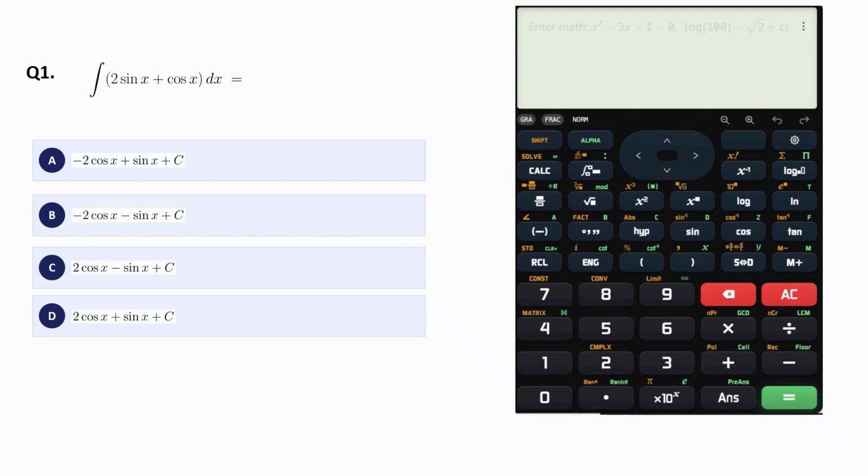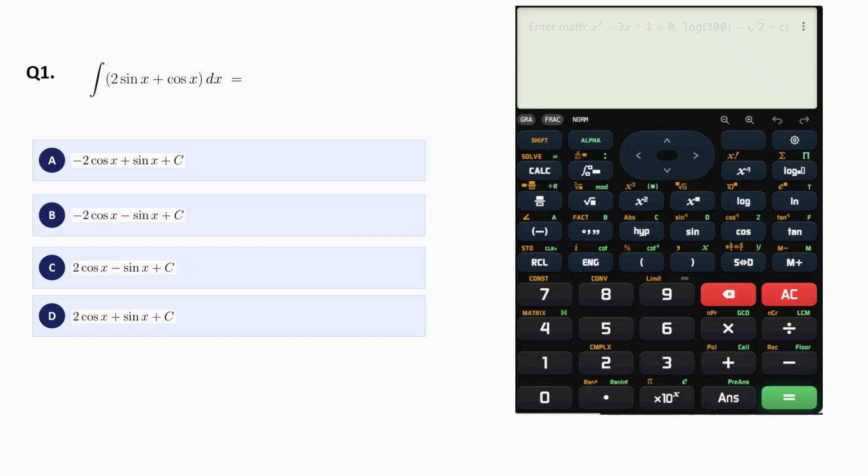But be aware, you must do this for all 4 options, because if you have the same answer for 2 options, please get back to your original method of using the formula technique. If you get only one matching option, then that's the right answer. So please do check all 4 options.